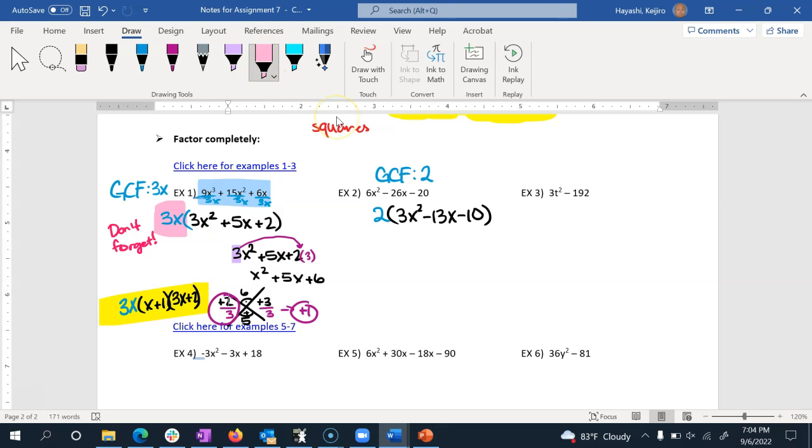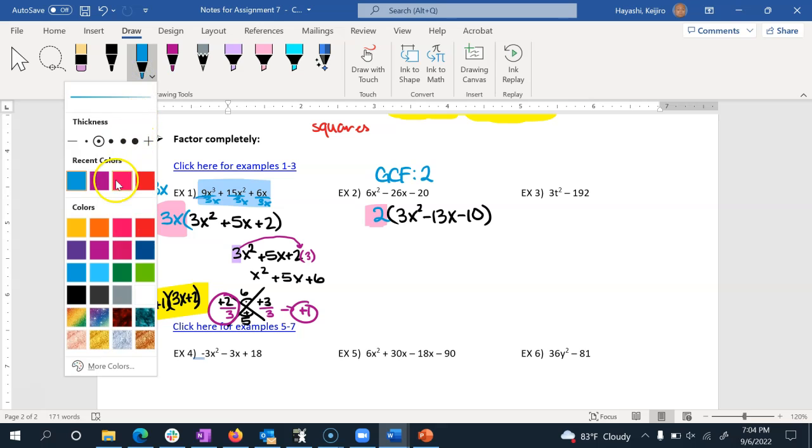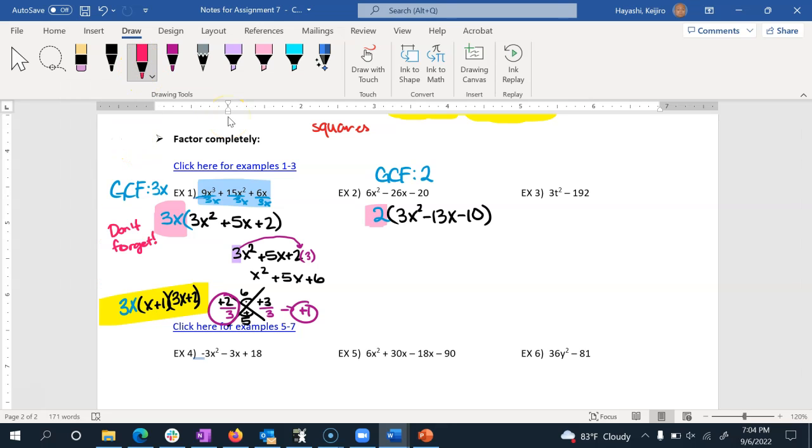Now the 3x squared minus 13x minus 10 that remains, we're going to deal with that as a sort of slide and divide trinomial. But we'll make ourselves a little note not to forget this 2 that's in front, because it's a part of this expression too. It can't just disappear.